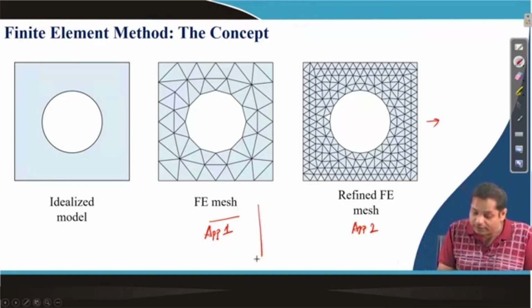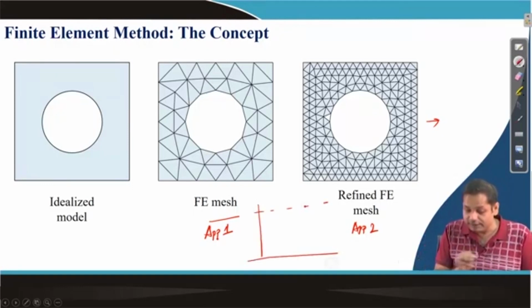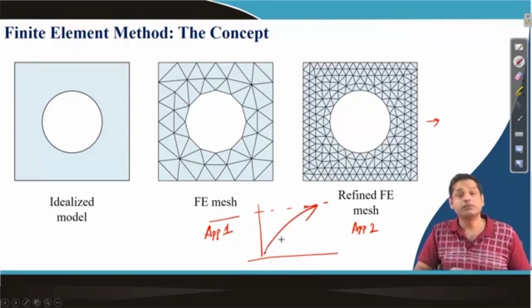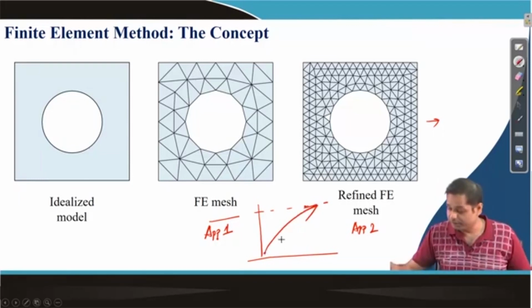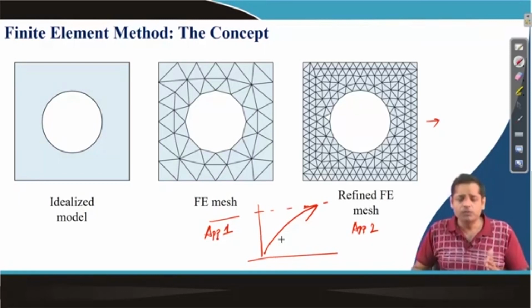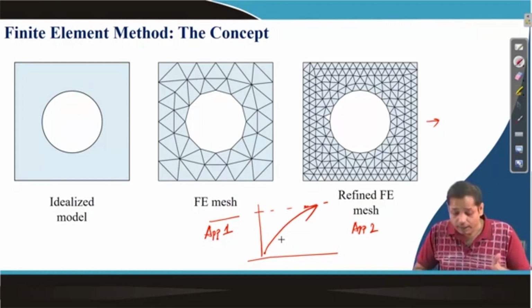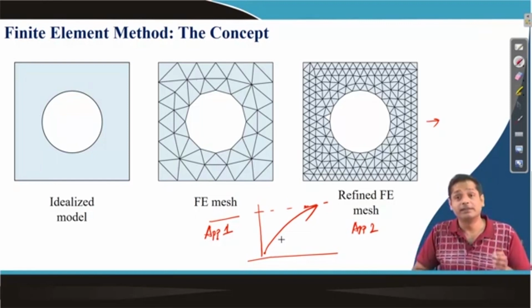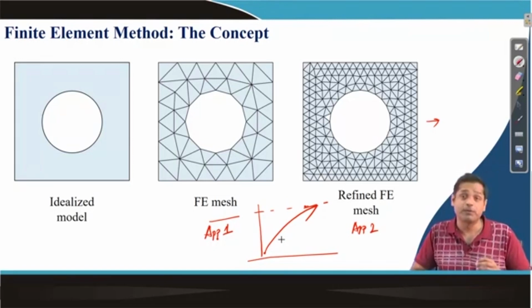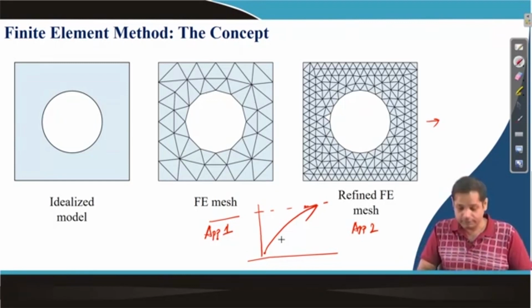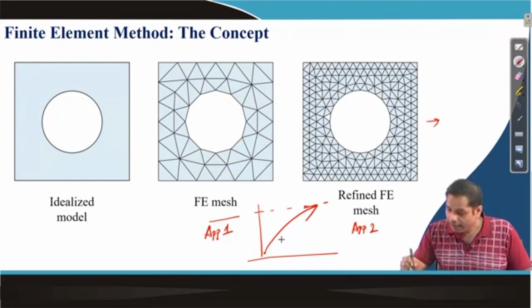And then you will see that if your actual result is somewhere here, then you will slowly converge to the actual result with different levels of approximation. And then we need to choose at what point we have to stop, because if we find that the approximate solution we get is close enough, that is acceptable in the context of this problem, that is fine with us.